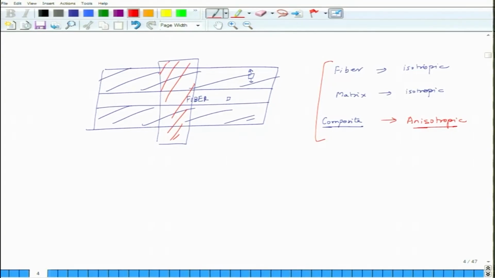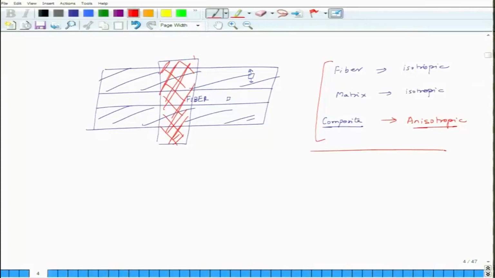But when you do the analysis of the composite as a whole and you want to assign it some average properties which reflect the role of fiber as well as the matrix, then those averaged out or smeared properties have to be different in different directions.